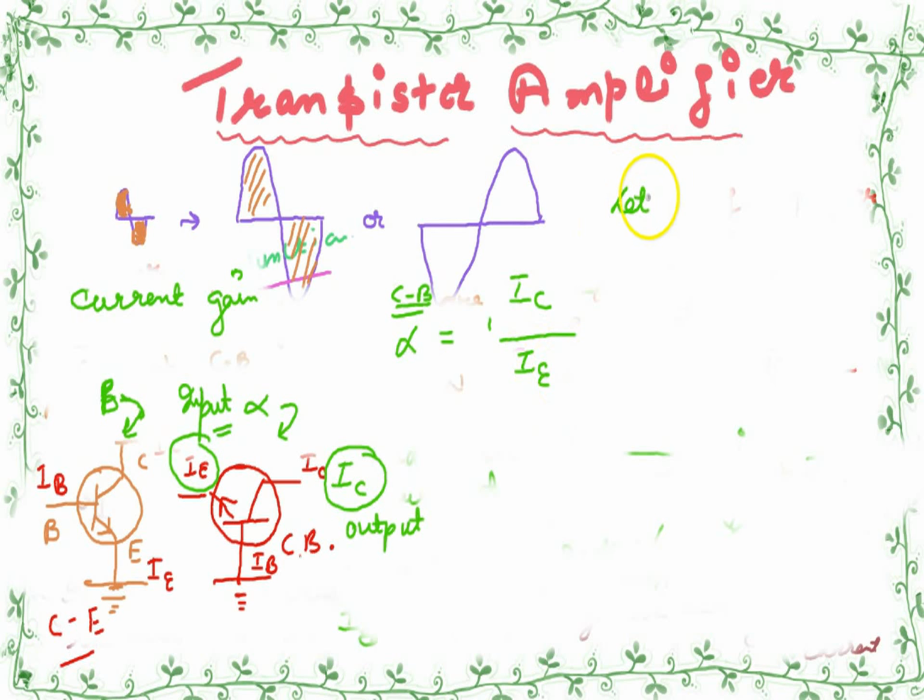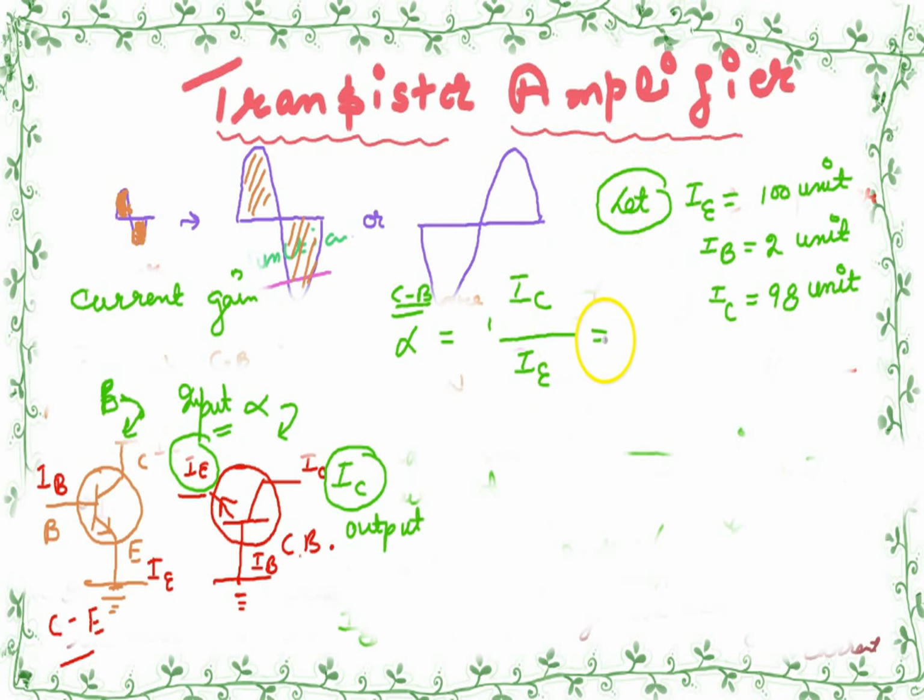Suppose if it is 100 units of emitter current, base current is 2 units, and collector current 98 units. Then what will be the gain of common base? Collector current 98 divided by emitter current 100, that is 0.98.